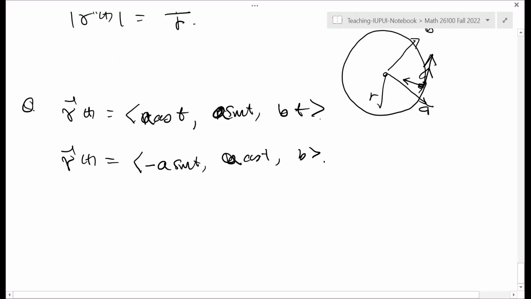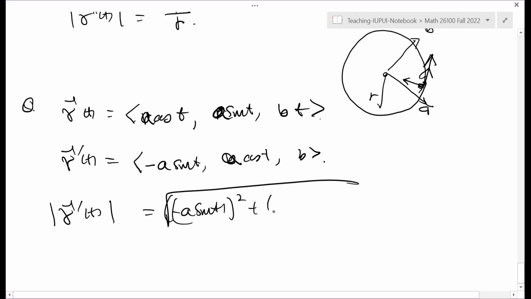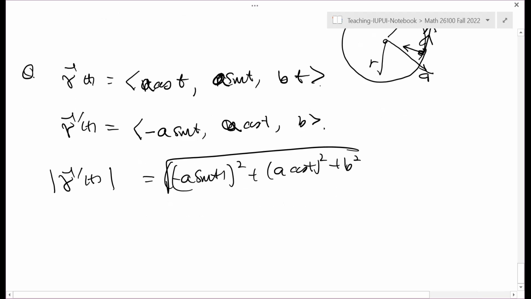This is the length. First thing I want to see, the length is going to be the square root of negative A sine T squared plus A cosine T squared plus B squared. It is going to be constant. Constant is good, it's easy, we can normalize.